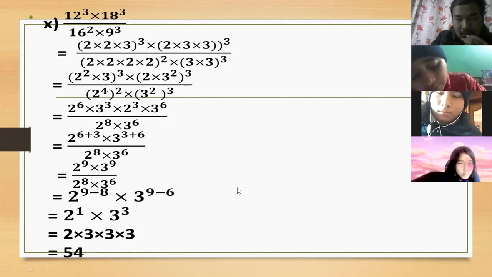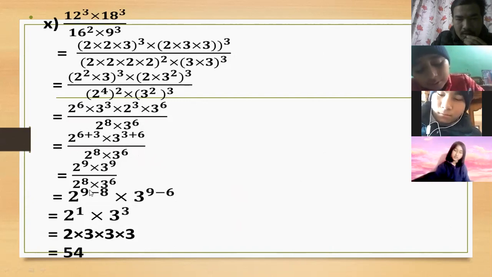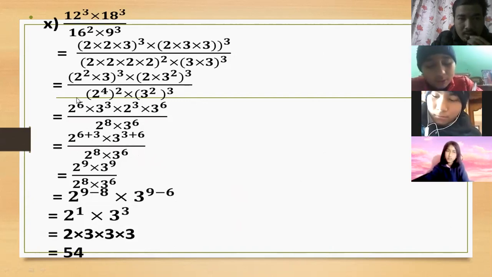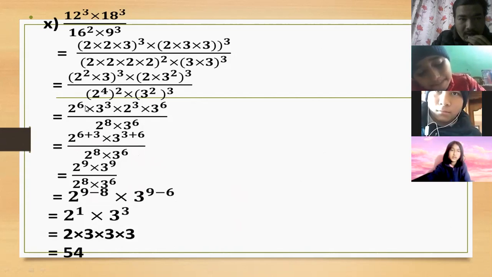Excuse me, sir. Yes, please. Sir, the third one there is 2 to the power 6. How? Here, what third one? Look, just above. 2 has which power? 2, and it has a whole power outside the bracket.